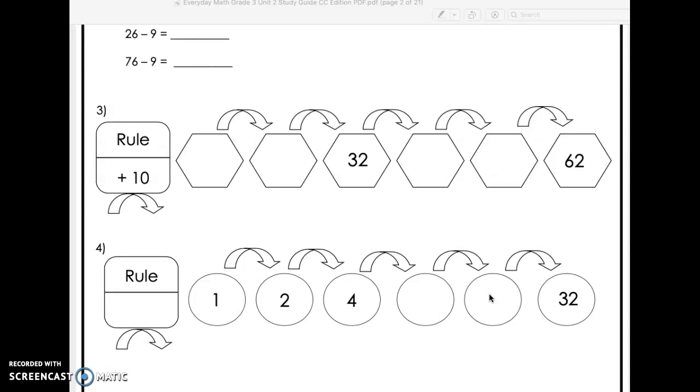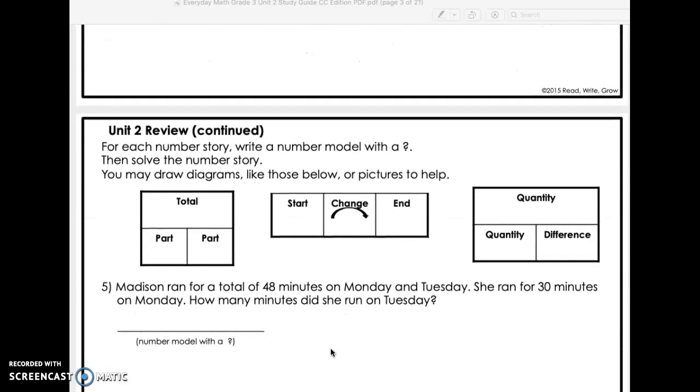Times 2 means you double the number. You're doubling it every time. So that would be like 16 plus 16 is 32. So, oh, my rule works for all of them. So now I know that my rule is times 2. Okay? Then we're going to move on to the next page.